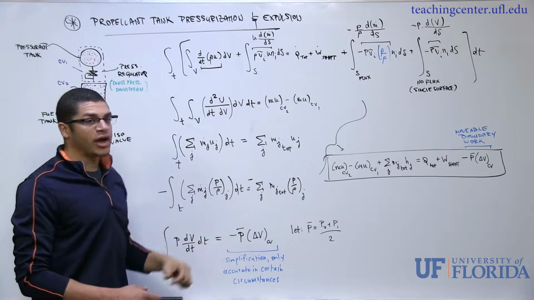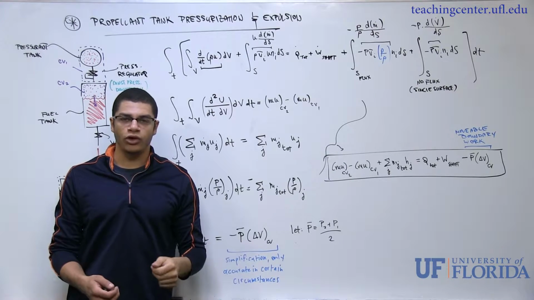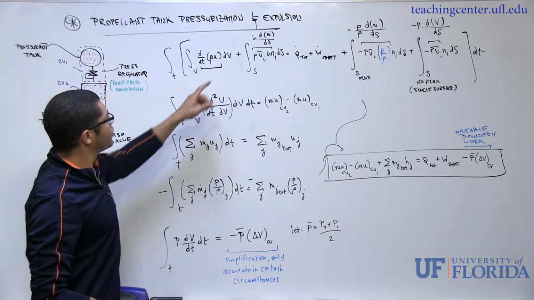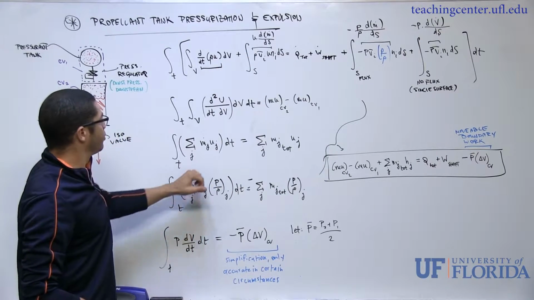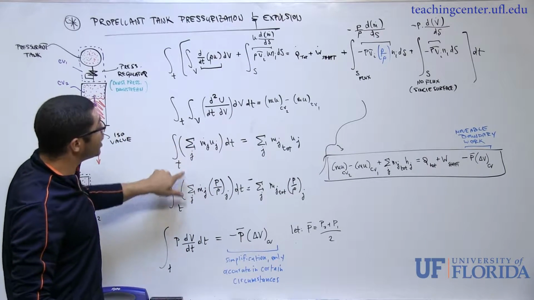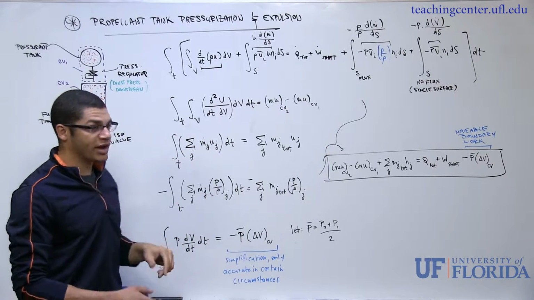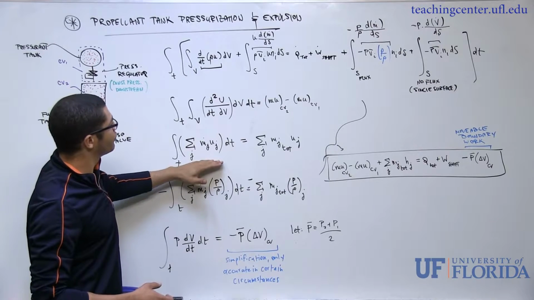So I'm going to say there are j discrete points on the control volume where fluid is either entering or leaving. And so this u dm dot really just turns into a summation, okay, of m dot j's and u j's at each discrete point on the surface.